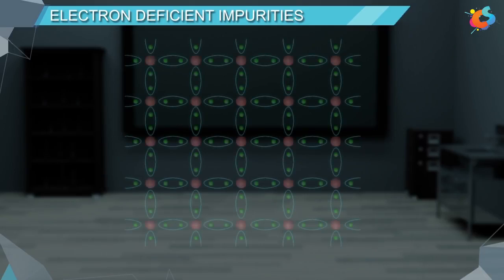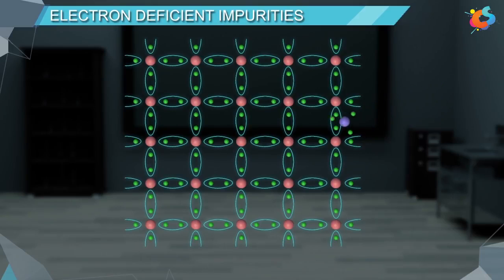When silicon is doped with some group 13 elements, then some of the positions in the lattice are substituted by atoms of the group 13 element. The group 13 elements have only 3 valence electrons. Thus, they form only 3 covalent bonds with silicon. One of the valence electrons of the silicon remains unpaired.